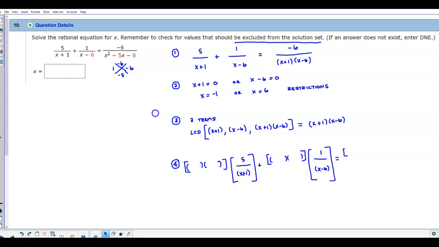And that's going to equal our LCD times negative 6 over x plus 1 times x minus 6.